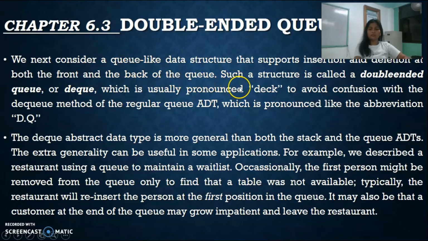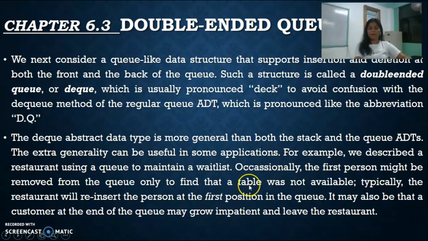Such a structure is called a double-ended queue, or deque, which is usually pronounced "deck" to avoid confusion with the dequeue method of the regular queue ADT, which is pronounced like the abbreviation D.Q. The deque abstract data type is more general than both the stack and the queue ADTs.